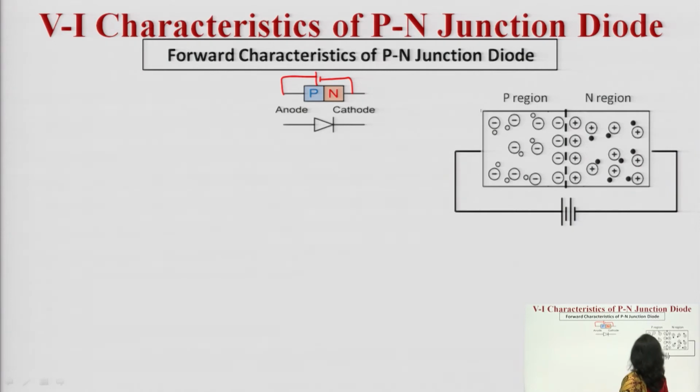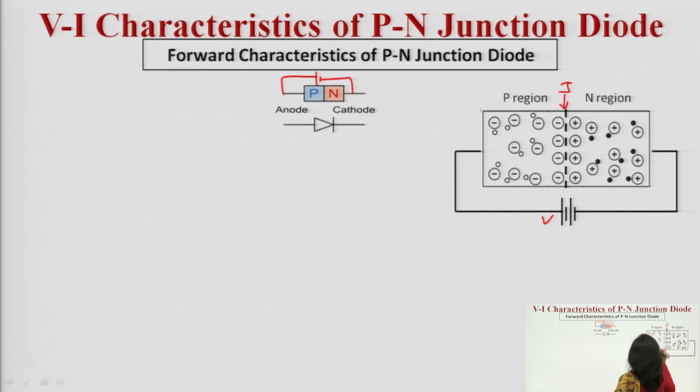You can see in this diagram, this is the external voltage which you have applied. This is the P-type semiconductor, the N-type semiconductor, and this is the junction. When you join them, initially a diffusion process takes place because of the concentration gradient.